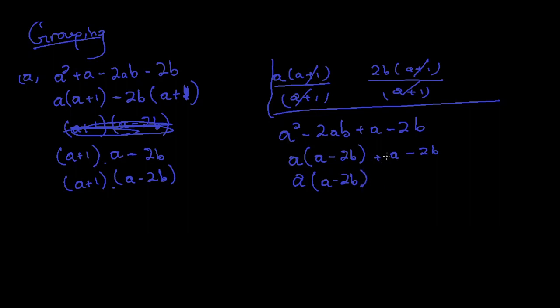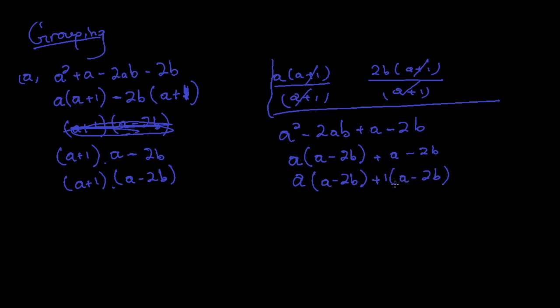Then here I can take out plus 1 as a common factor if I want. For example, imagine the 1 here, it's there, 1 times (a - 2b). This is where I took out plus 1 as a common factor, which really doesn't change a thing, because if I multiply it back, it's still going to bring me back here. This is another way of writing it.